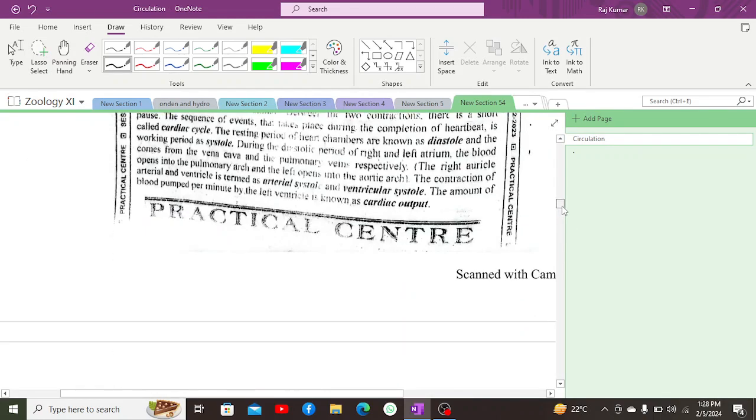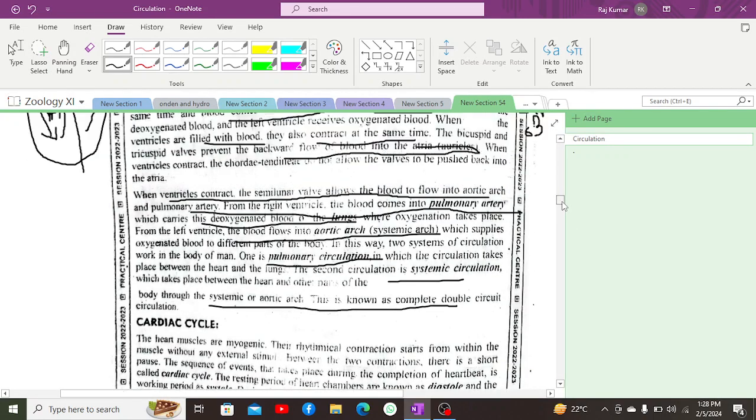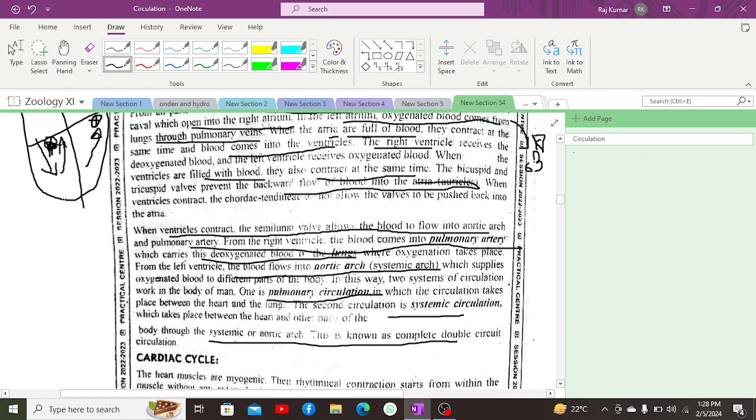So these are the things. And dub is a sound which is created when blood is released from the ventricles and the semilunar valves are closed. After the ventricular systole, the semilunar valves close.